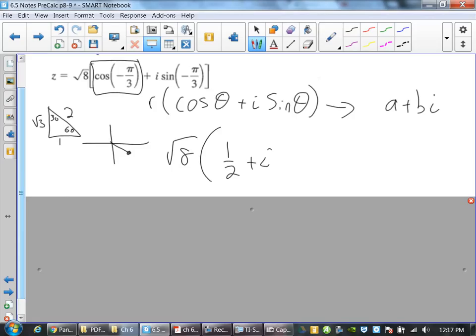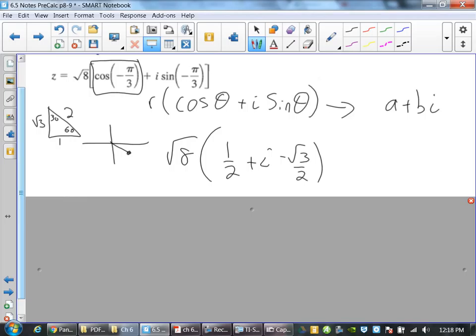And now I do the same thing with the sine value at negative pi over 3. Well, we already have it placed in the fourth quadrant. Is sine positive or negative in that fourth quadrant? It's negative, good. What's the sine of 60? So it'll be a negative root 3 over 2.